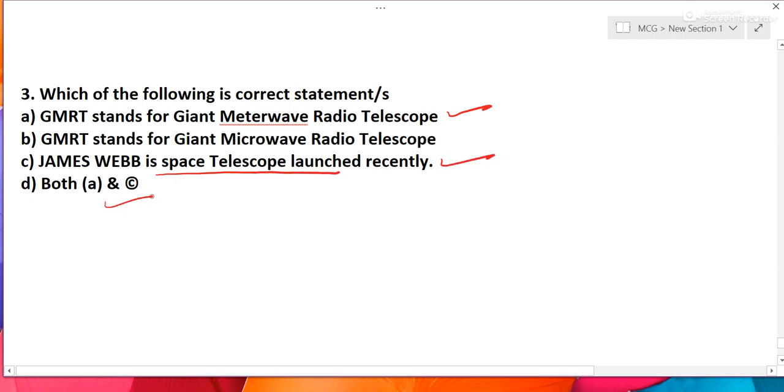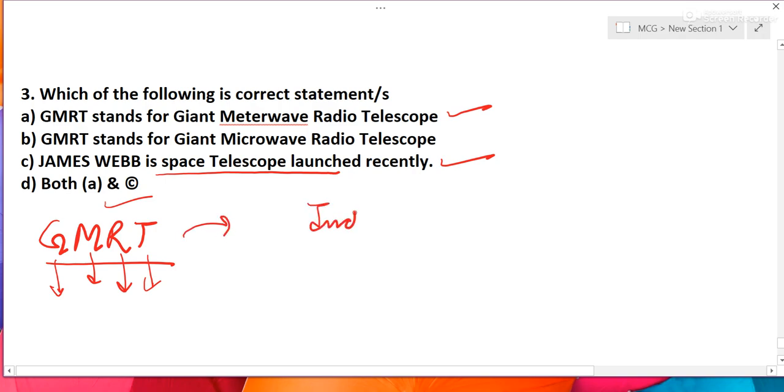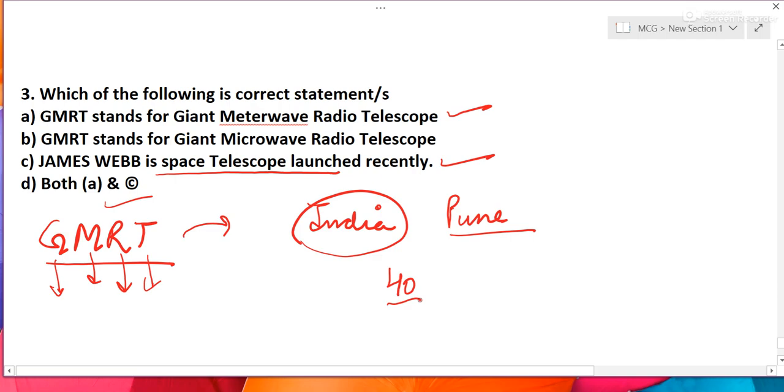But see, GMRT, when I went through this topic, when I tried to explore about this topic, I found that this is the Giant Meter Wave Radio Telescope, and it is one of the largest telescopes. What's more interesting is that India has it, and it is located in Pune, to my surprise. And along with India, 40 other countries use it. So that is something to be proud of.